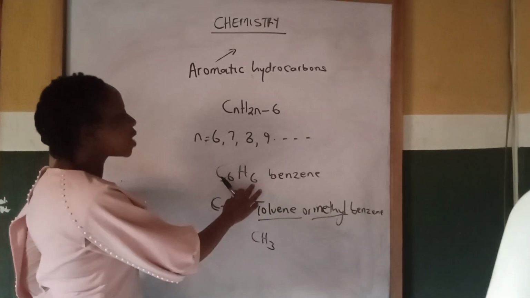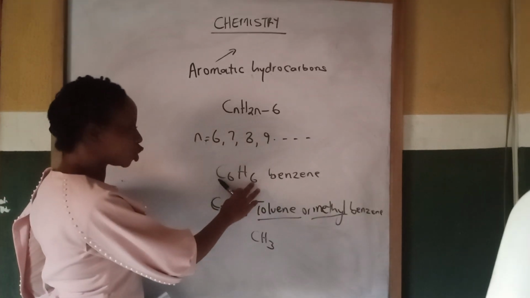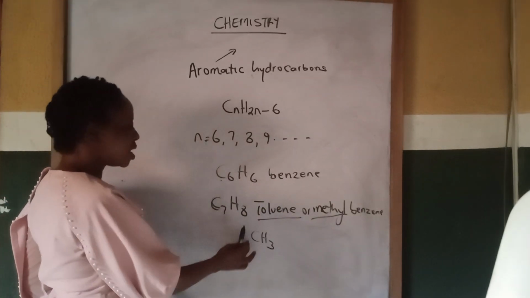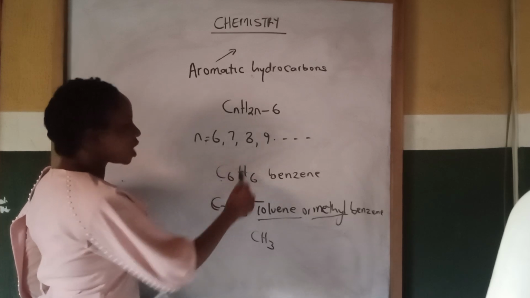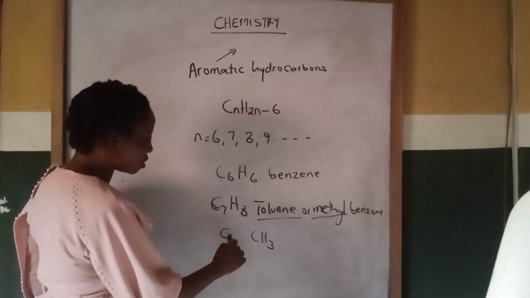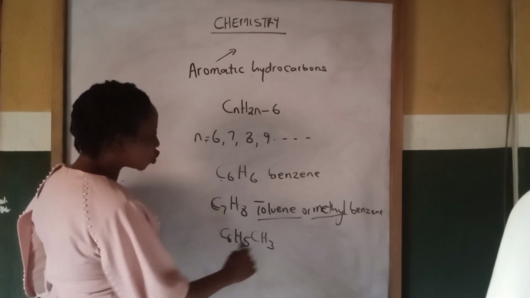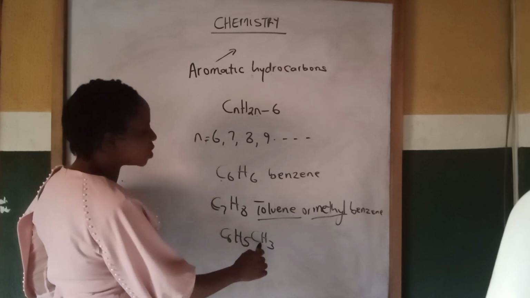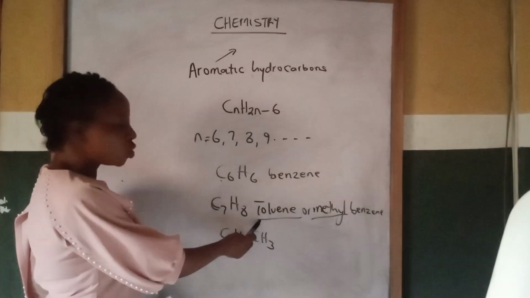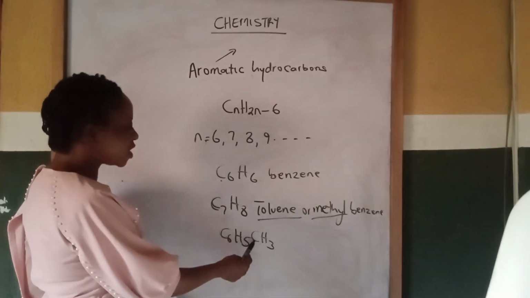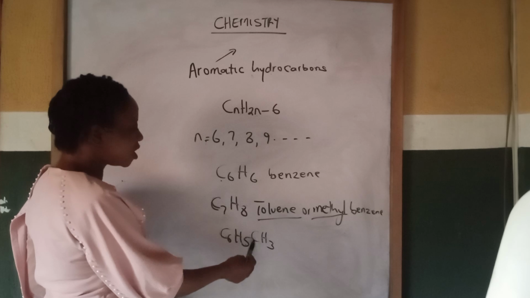So when I remove one hydrogen atom from the molecular formula of benzene and replace it with CH3, it gives C6H5. When C6H5 combines with CH3, it gives what we call methylbenzene, which is also known as toluene.